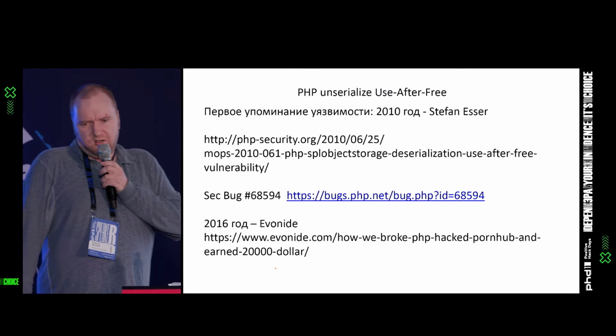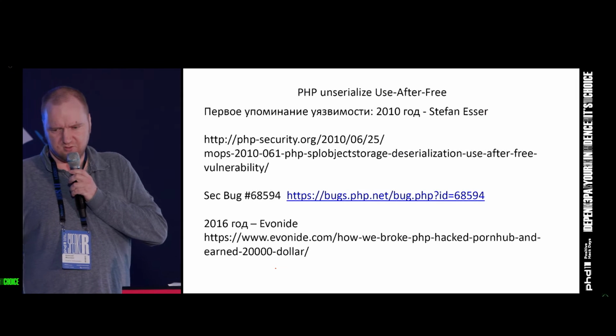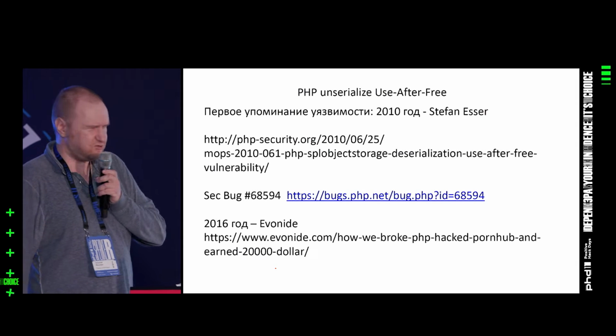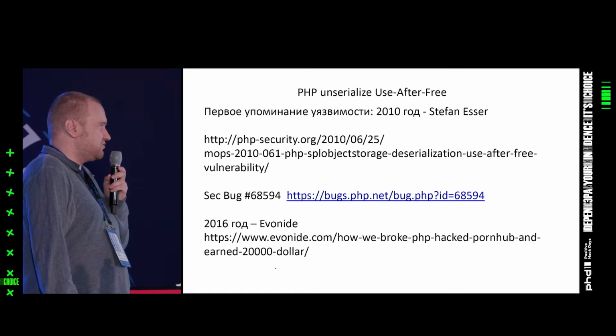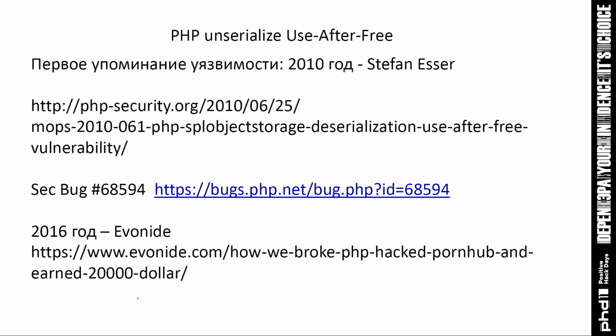Stefan Esser mentioned it back in 2010. A lot of similar presentations were done at Black Hat and other conferences. And he was telling us that everything is very vulnerable, everything is really bad.